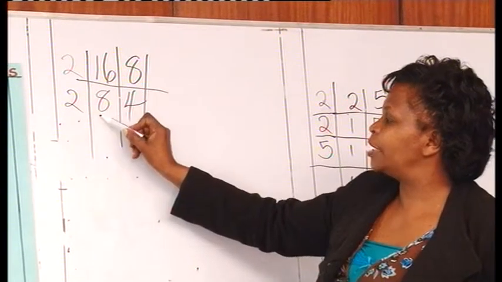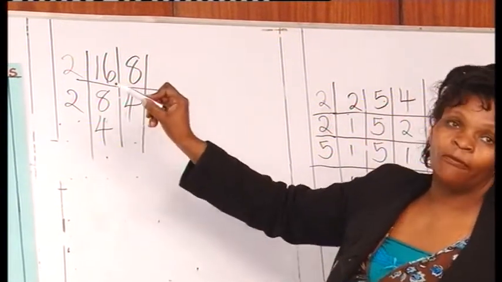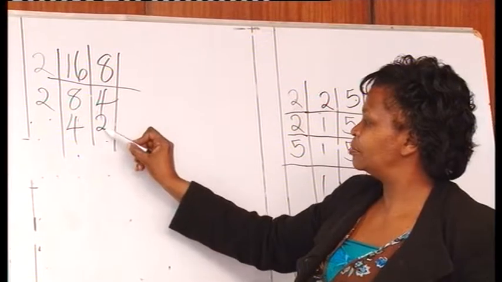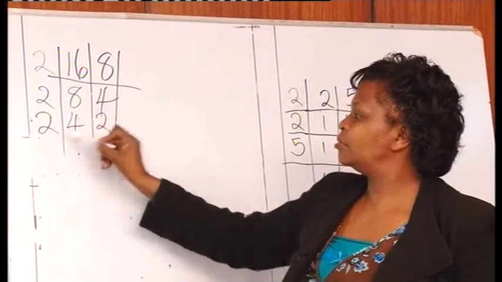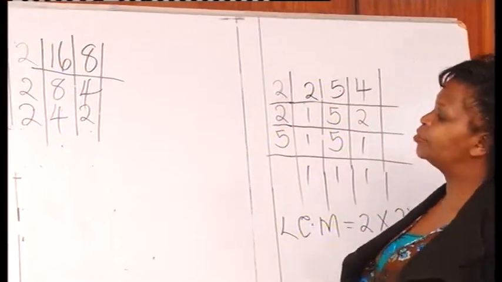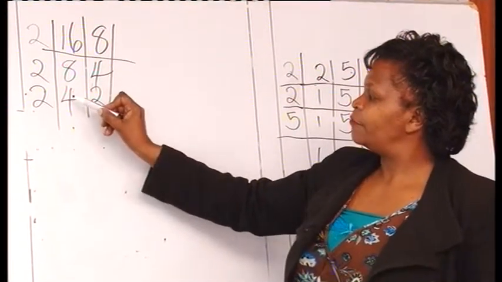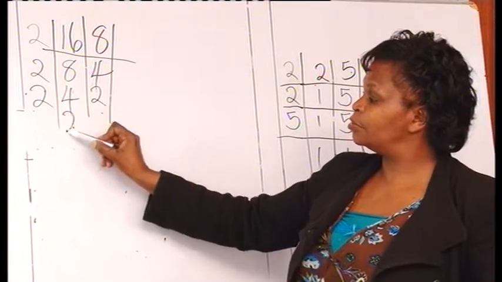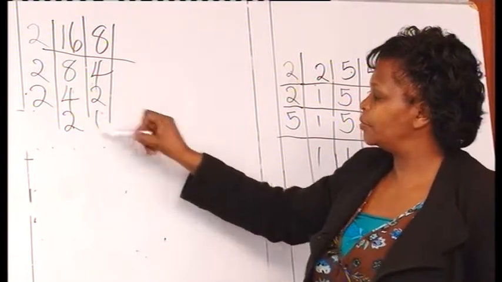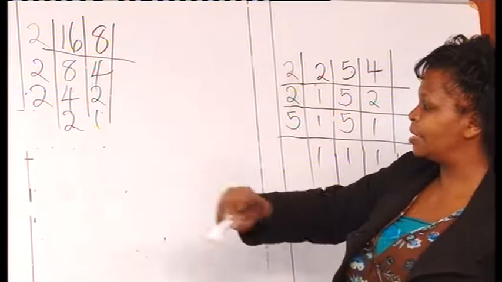8 divided by 2 is 4, and 4 divided by 2 is 2. Then I take another 2, which is also common to both numbers. 4 divided by 2 is 2, and 2 divided by 2 is 1. So I've eliminated the 8 now.